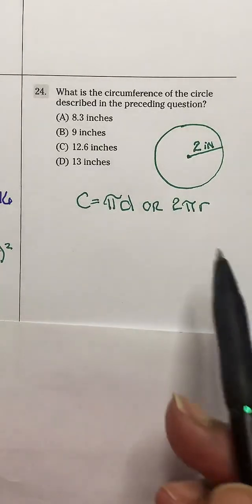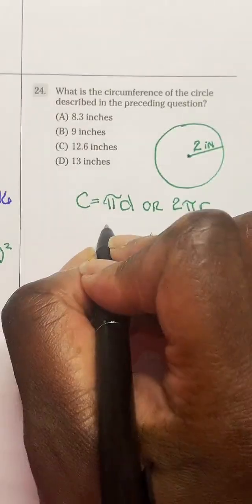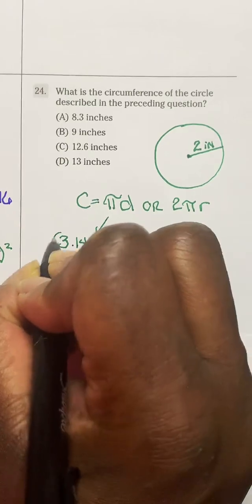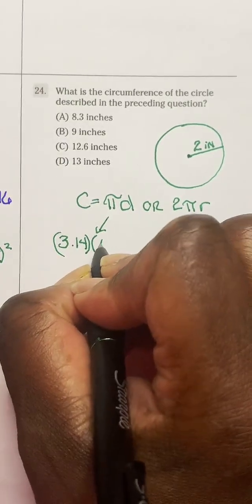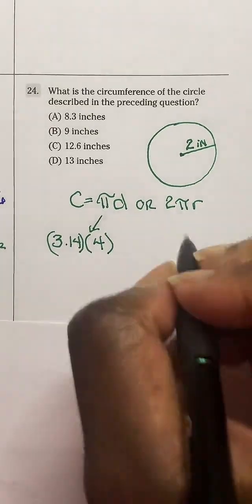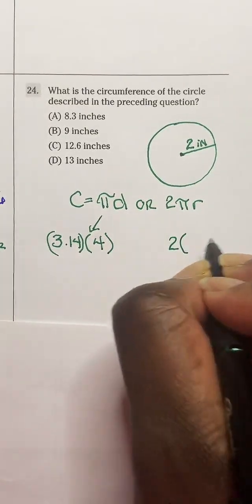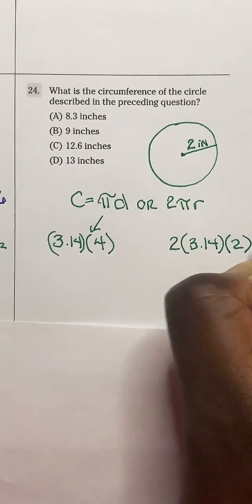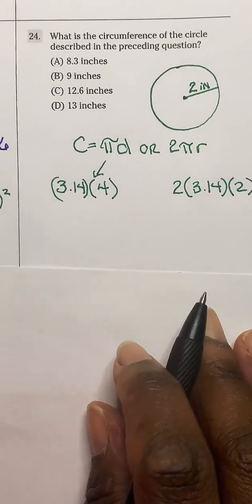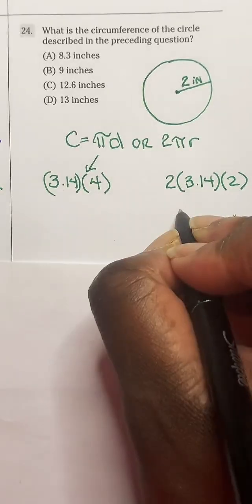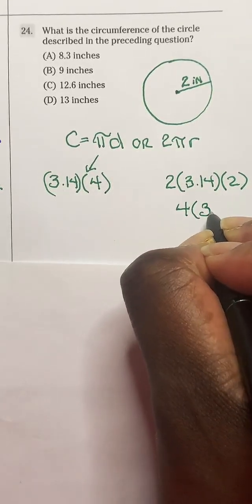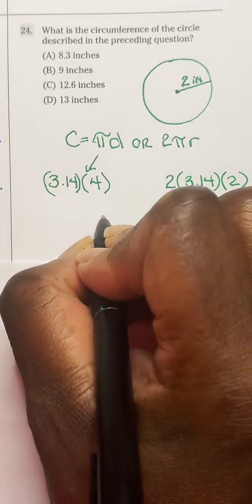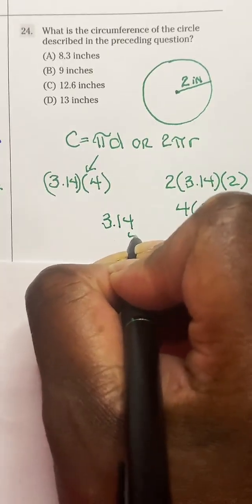Since we know the diameter is 4, we could get our 3.14 times our diameter, which is 4, or we can set it up with 2 times 3.14 times our radius, which is 2. Either way, 2 times 2 gives me 4 times 3.14. So now we're even Steven, right?